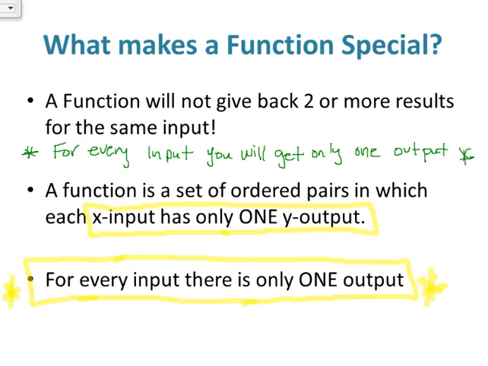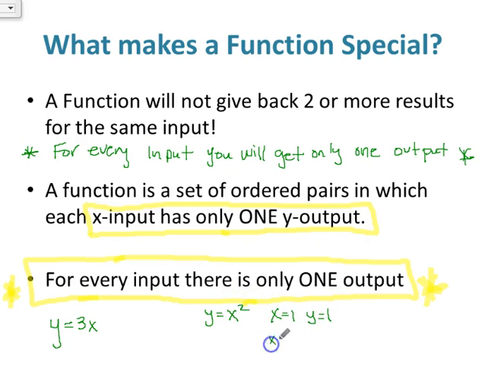So let's look at an example. If we have y equals 3x, any number we plug in for x, we're only going to get one value out for y. Here's an example of one where we could get 2 different outputs. Y equals x squared. If I plug in x equals 1, then y would equal 1 squared, 1 times 1 is 1.